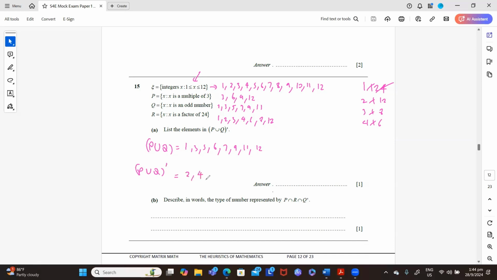It's just 2, 4, 8, and 10. So the elements present are 2, 4, 8, and 10. Make sure you put the bracket over here in your answer.